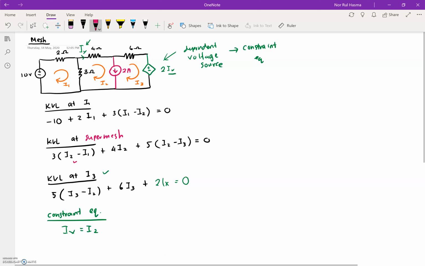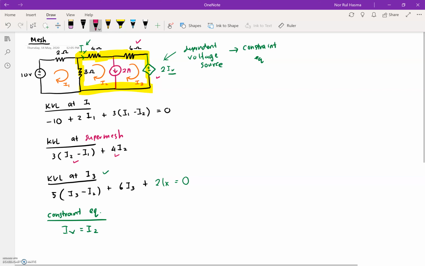The 3 is the same equation, the 4 is the same equation, but here you have to delete this one and then add the equations here and here. As you can see, we are doing a summation of voltages at this loop without considering the middle one.